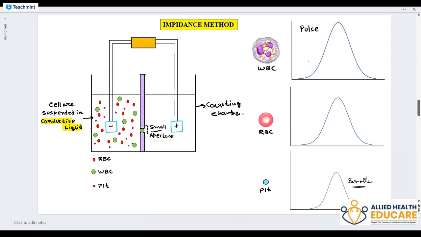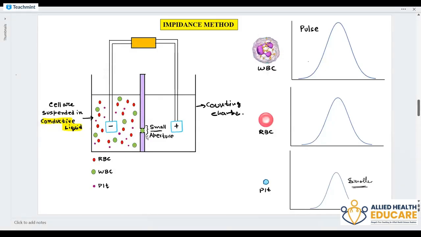All cells, WBC, RBC, and platelets, are non-conductive to electricity. When the cell passes through the small aperture, a resistance is generated, and this resistance is the key feature of the impedance method.